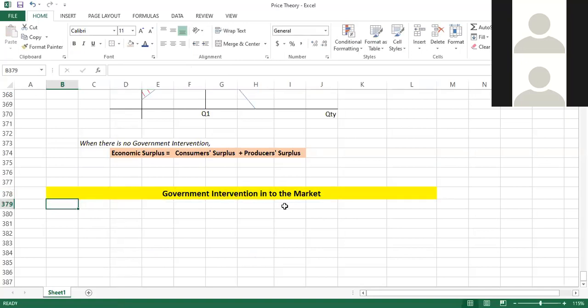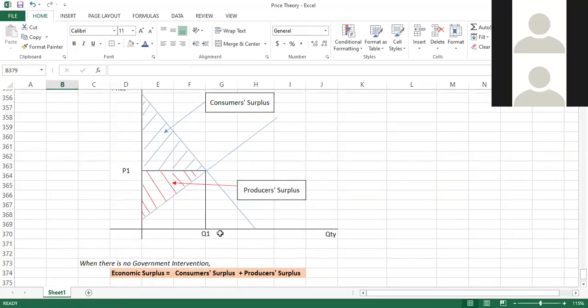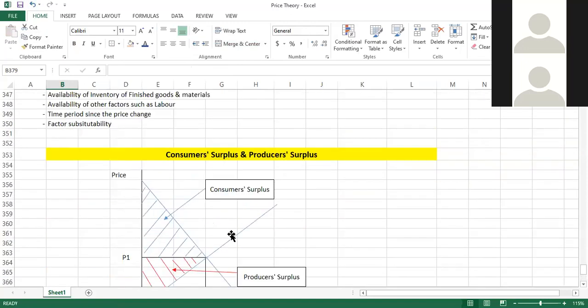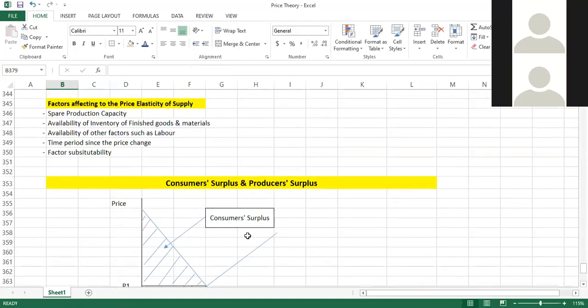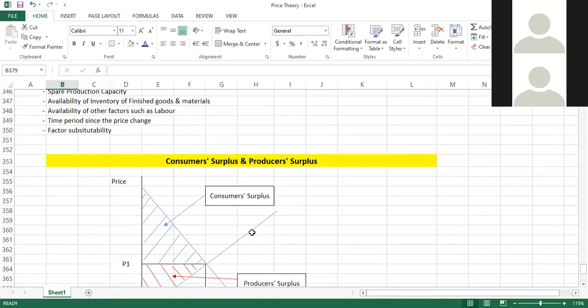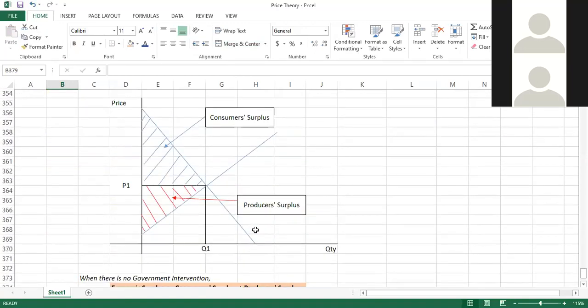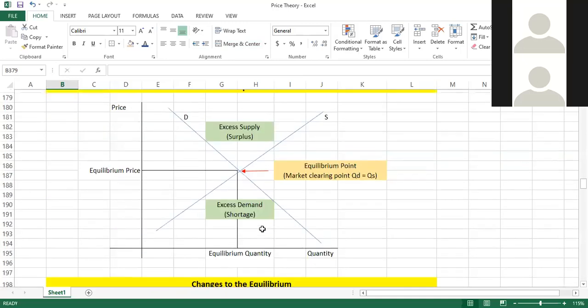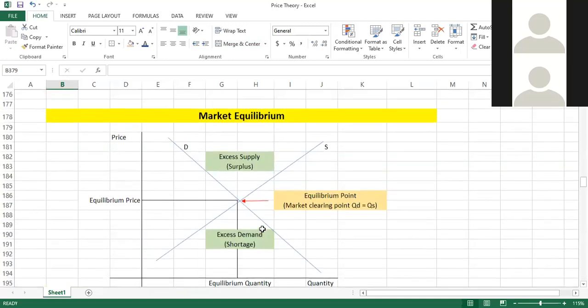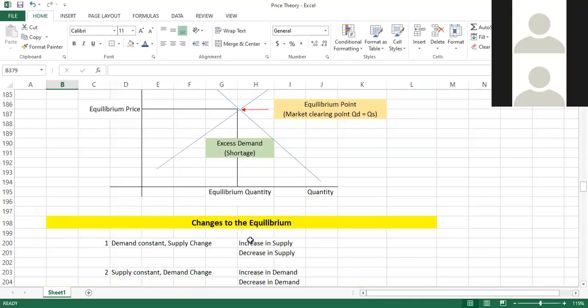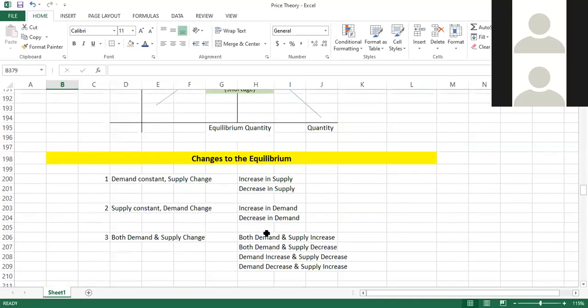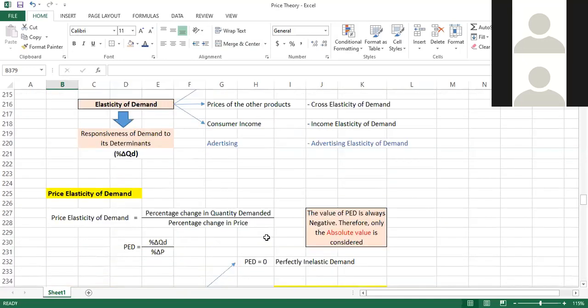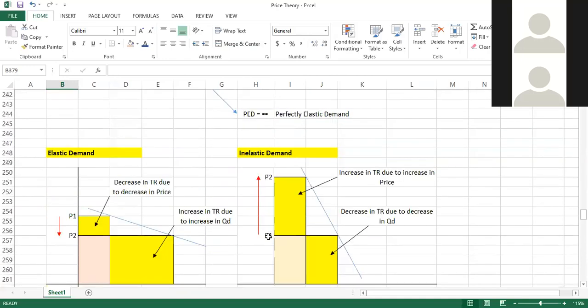We know usually the price and quantity will be determined by market forces, right? And we discussed how to create the equilibrium and how to change the equilibrium. So these are the changes to the equilibrium when there are changes in market forces. But even without changes in market forces, sometimes the equilibrium can be changed. That is when the government intervenes into the market, right?